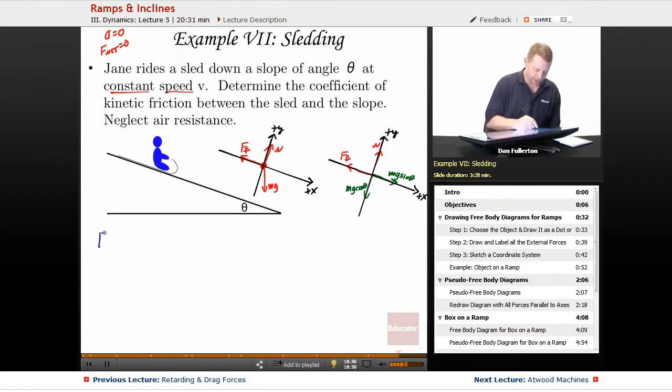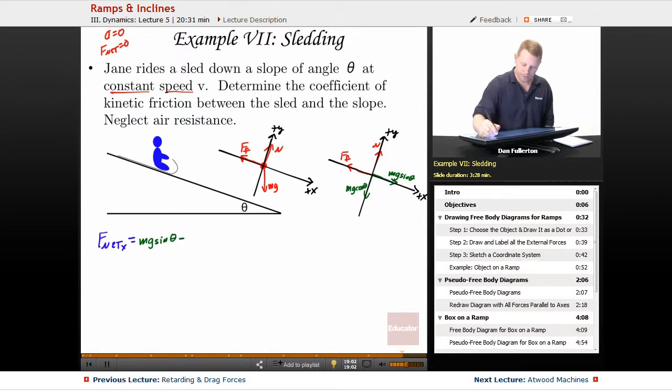Let's look in the x direction first. F net x is equal to, we have mg sine theta minus our force of friction, and all of that is equal to max, which is equal to 0 because it's at constant speed.